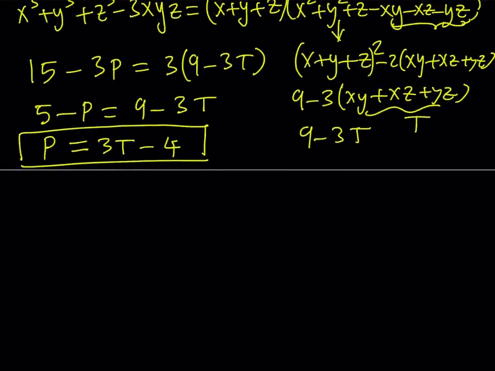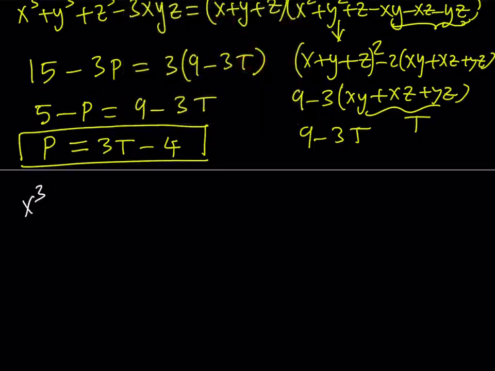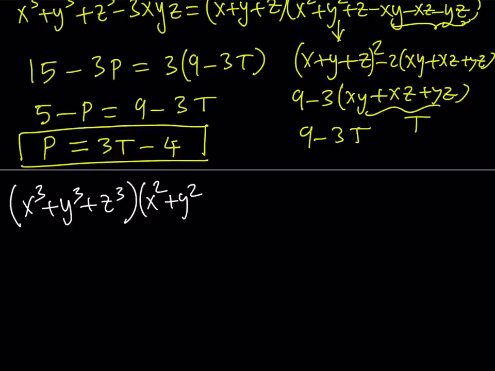Now let's go ahead and do something else. I would like to get the sum of fifth powers. So I would like to use x cubed plus y cubed plus z cubed and multiply it by the sum of the squares. But here's the thing. When I do this, I'm going to be getting the fifth power, but I'm also getting extra terms, right? Like what?